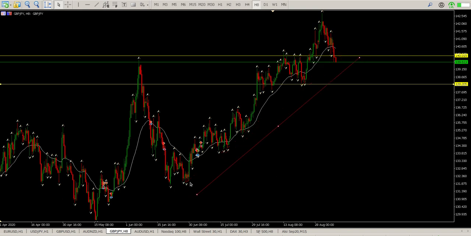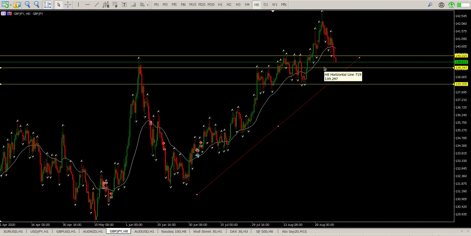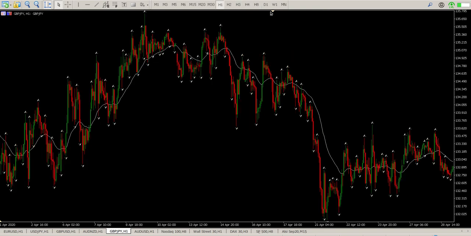As far as I'm concerned, it's higher lows, it is still an uptrend. Okay, this thing can drop all the way down, still further into this zone here, 139.247. It could drop just below down here, and the trend is still up. So that is my view on that at the moment.